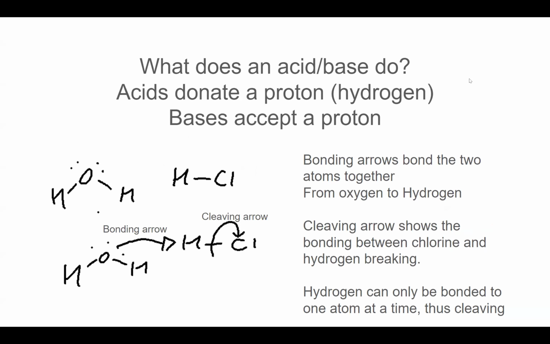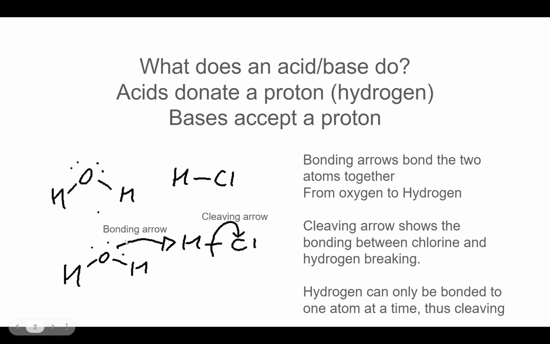An acid is a compound that donates a proton, while a base accepts a proton. And as you can see by this little example here, since this hydrochloric acid is more acidic than the water, the water will then take the hydrogen while the chlorine is left alone and stable, actually.